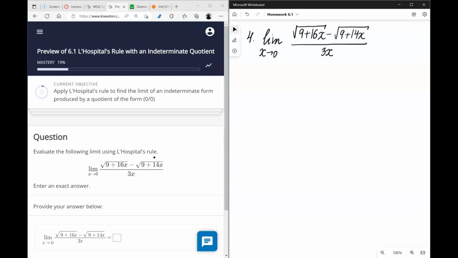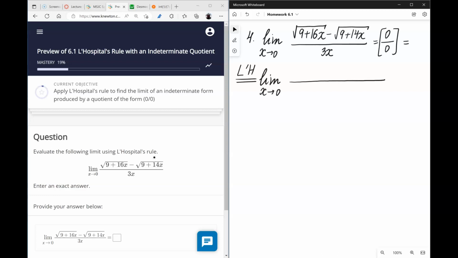So we have 0 over 0. It's easy to see if you plug in 0, you're going to end up with square root of 9 minus square root of 9, which is 0 divided by 0. So that means we can use the L'Hopital's rule. And according to the L'Hopital's rule, we have to differentiate it.